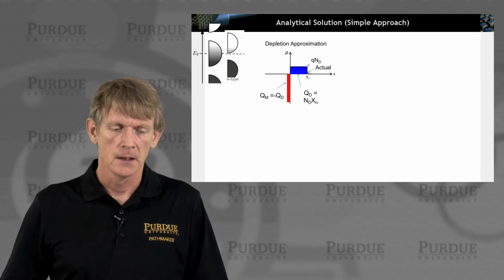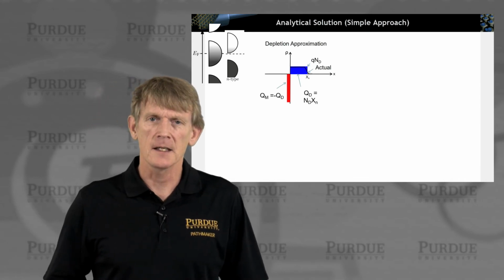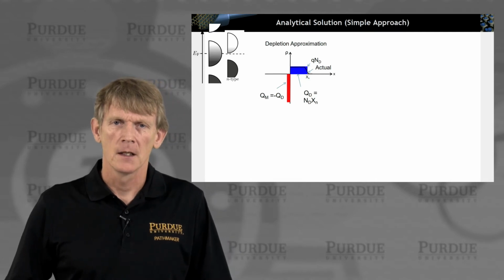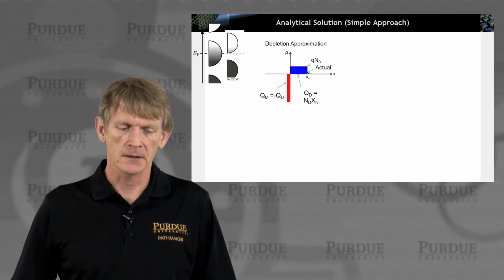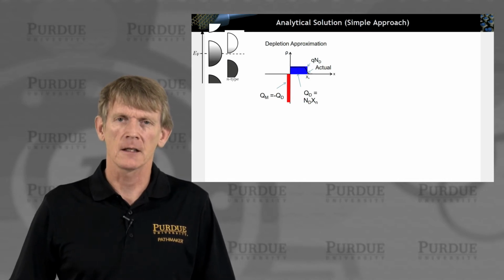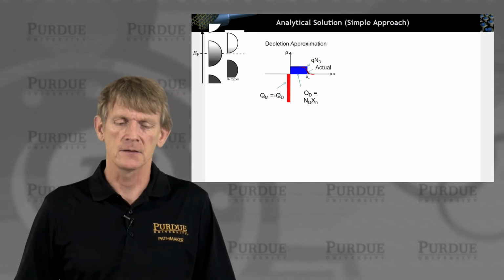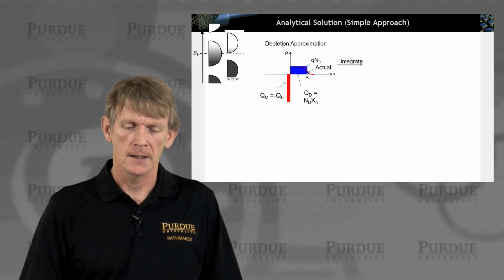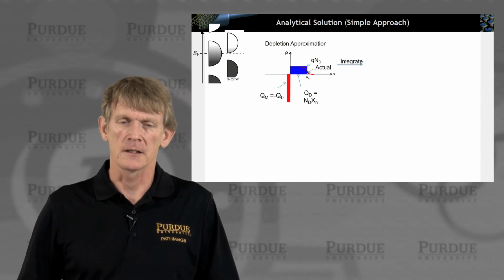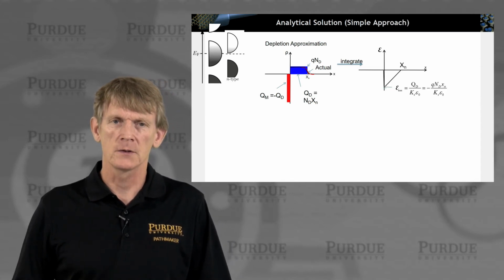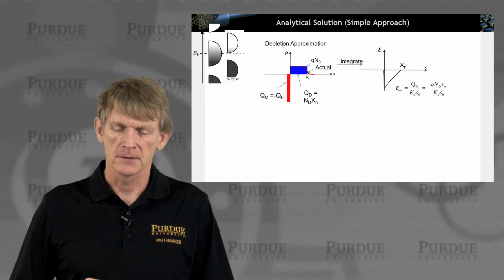All right. Now, let's look at the assumption of a depletion approximation for the metal and the semiconductor, and let's assume again we just have rectangular distributions, so we neglect the details at the edge of this distribution here, and we'll integrate the charges, right? So as we integrate the charges, we can get to the electric field that is in the device.